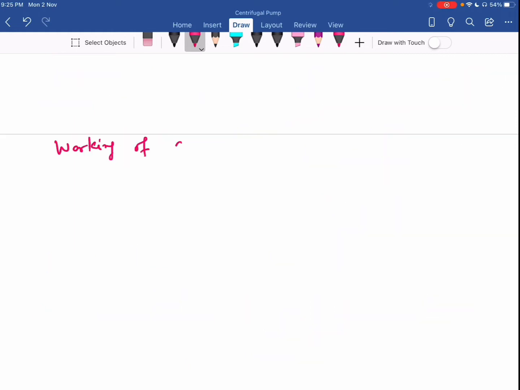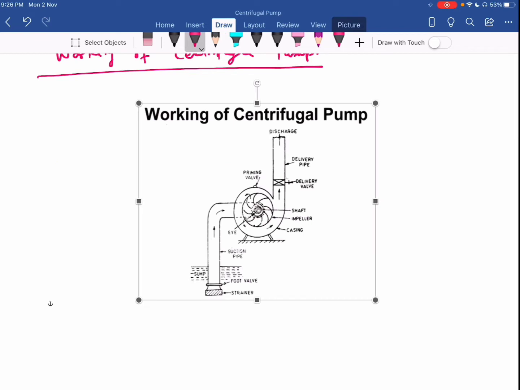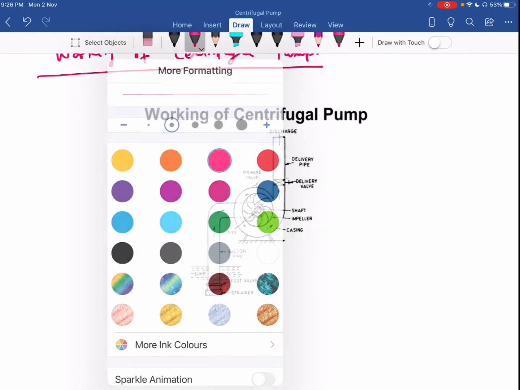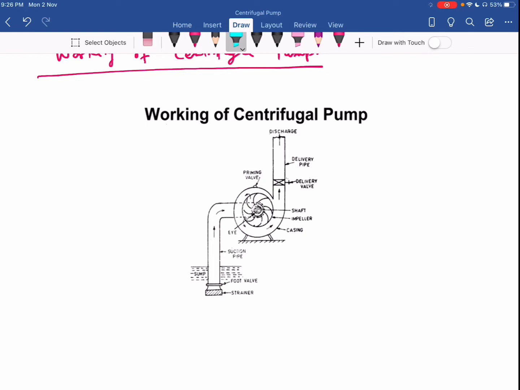Working of centrifugal pump. So in this diagram, first you see the various components. So here you have the sump. This is the sump. Okay. So this is the reservoir for the water from where we have to lift that.